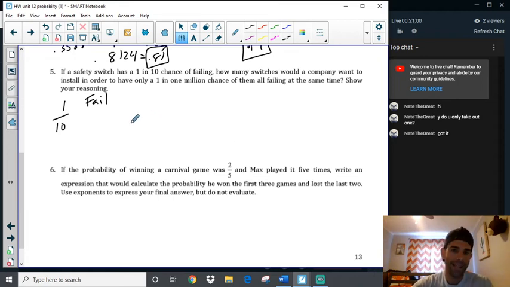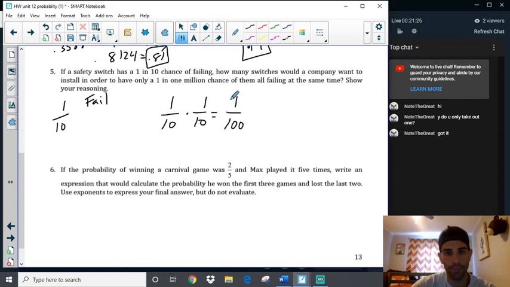There's a 1 in 10 chance something would happen and it wouldn't go off. Well, what happens if I had 2 switches? The first switch has a 1 in 10 chance. The second switch would also have a 1 in 10 chance. So that means that there would be a 1 in 100 chance that if I had 2 switches hooked up, that it would fail.